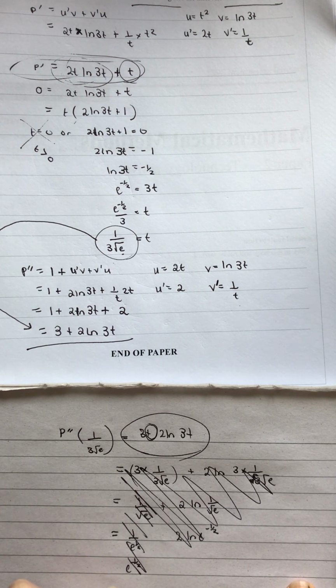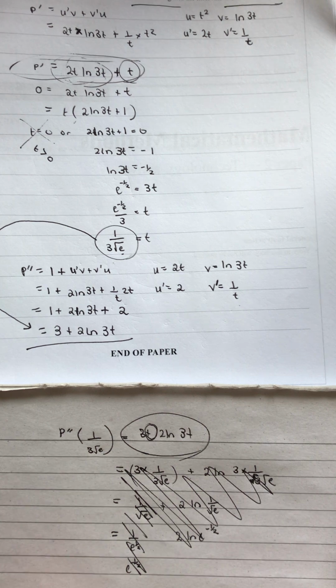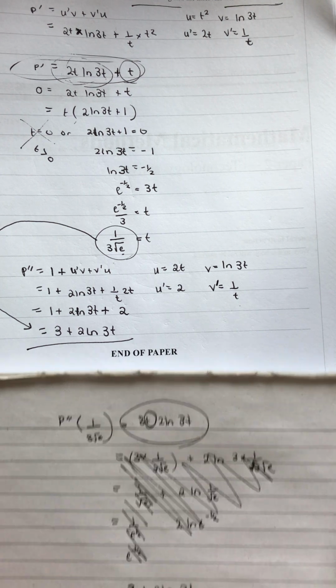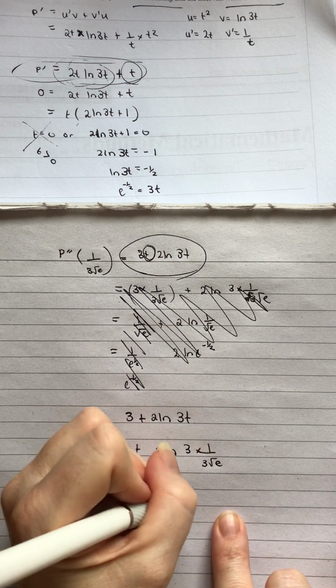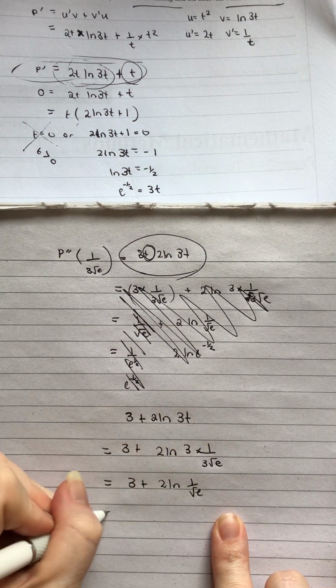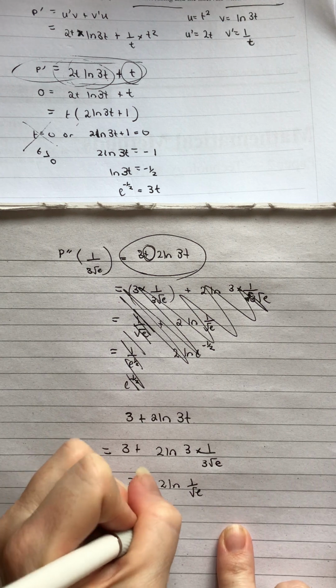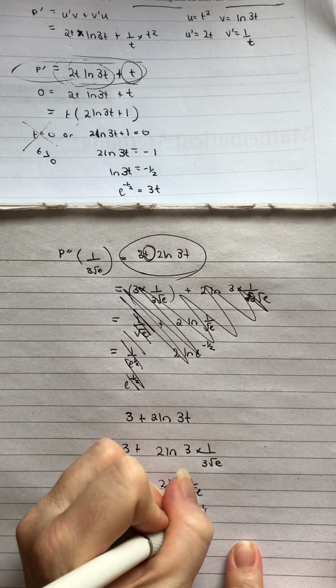I've got 3 plus 2 ln 3t. So I just have my 3 there plus the 2 ln 3 lots of 1 on 3 root e. So then I've got my 3 plus my 2 ln of 1 on root e. Here that will become e to the negative 1/2.